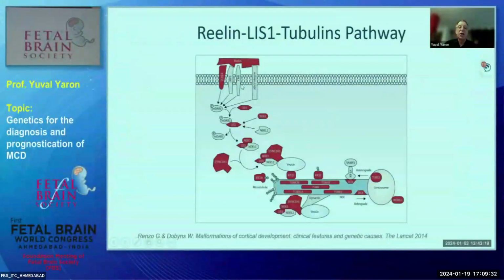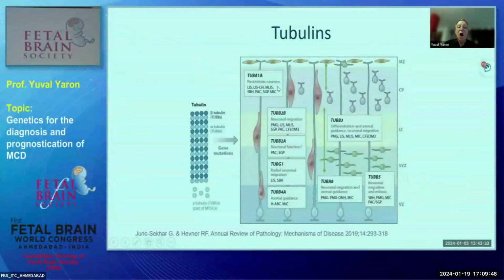This is just showing you the complicated pathway, and there are various different types of tubulins making this structure. Then depending on what type of tubulin is disrupted, this may cause problems with neuronal migration, with mitosis, and could further be causing other types of problems such as post-mitotic neuronal differentiation and so on.